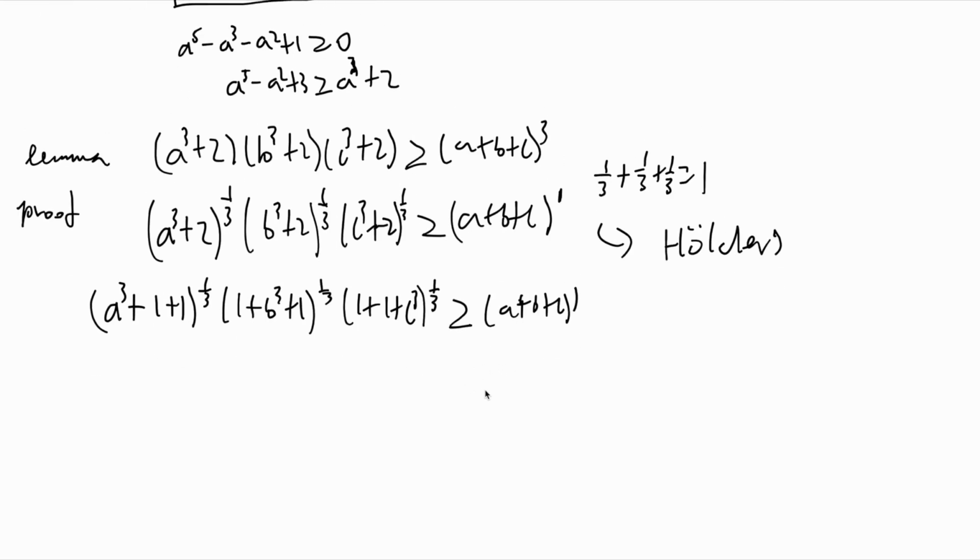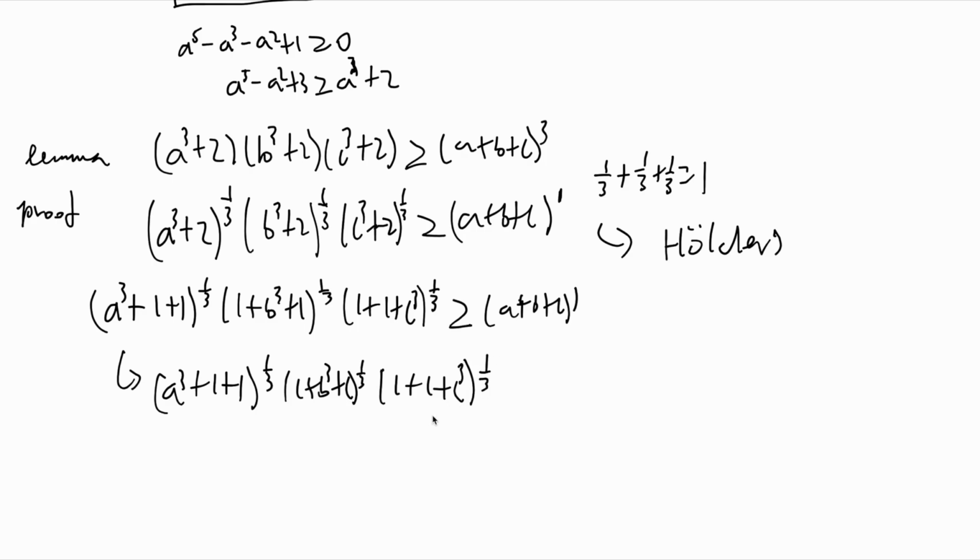So let's use our Hölder's inequality here. Regarding this one, we just want to explore more on our left hand side, and we can do that by considering Hölder's inequality, which works by using the first terms from each block, so a cubed and 1 and 1. So we have greater than or equal to a cubed to the power of 1 over 3, 1 to the power of 1 over 3, and 1 to the power of 1 over 3.